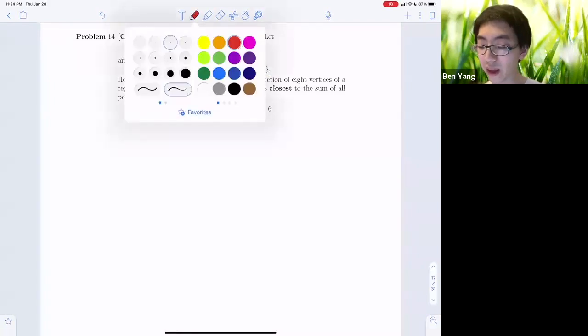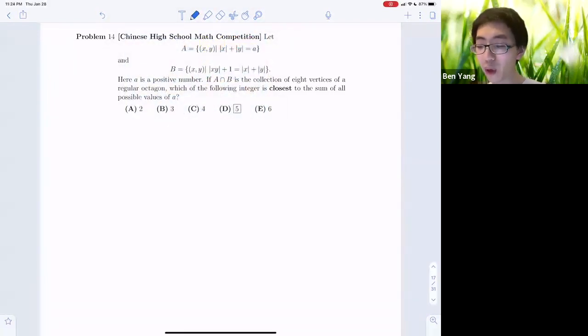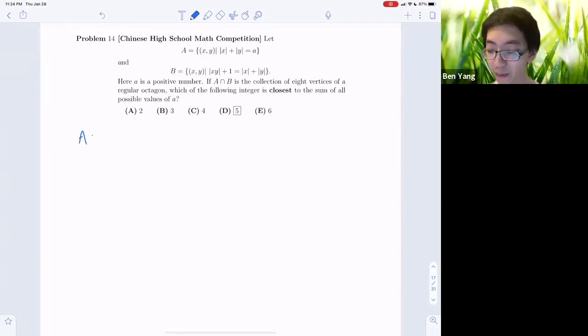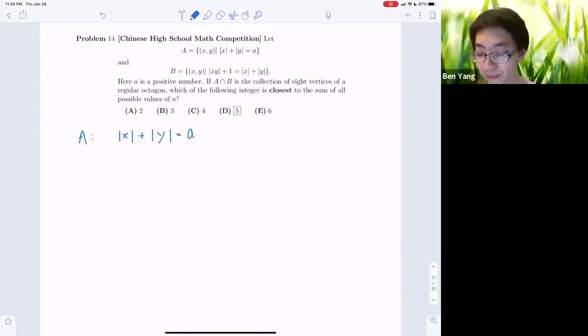So first of all, let's figure out what those two sets are. We can start with set A. Set A is about points such that absolute value of x plus absolute value of y is equal to A. A is a positive number here. Since we have some absolute values there, we can look at the graph of this equation based on where the points are, whether it's in the first quadrant or second quadrant, things like that.